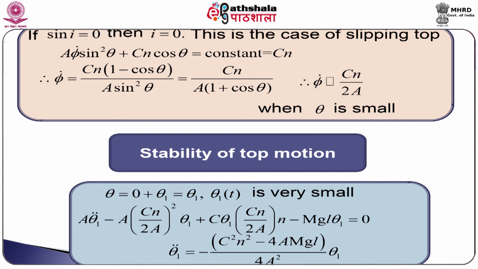Substituting theta equal to theta 1 in equation 9.18, we have this result. From this, transferring this term to the right hand side and dividing by A, we get theta 1 double dot as this.